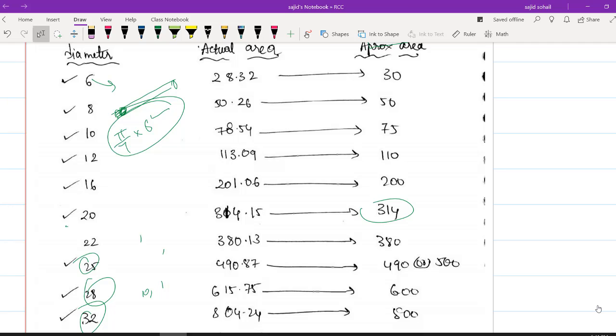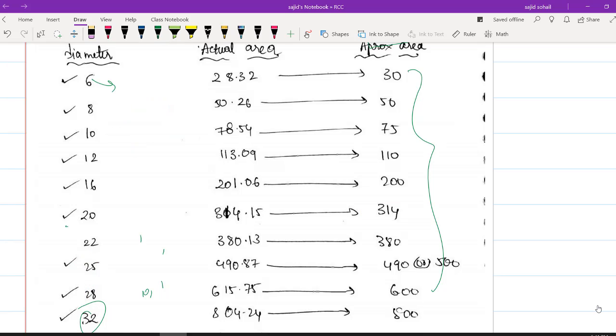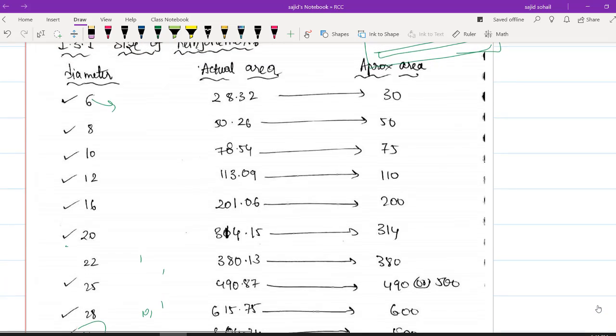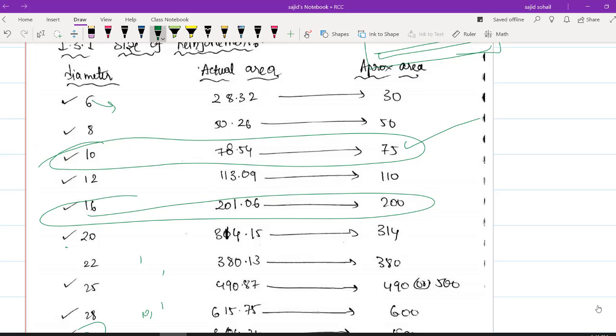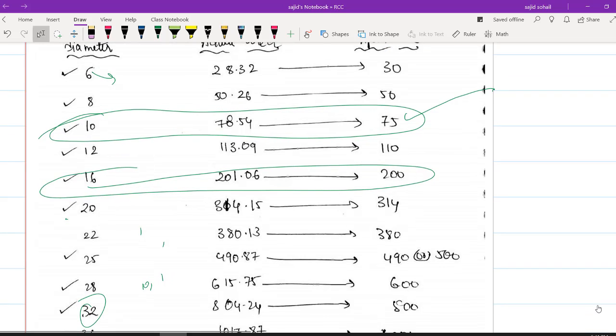For that purpose you can remember these approximate areas, but I don't suggest you to remember यार, इतना भी जरूरत नहीं है. What you can remember is for 10 mm and for 16 mm. 10 mm का कितना है? 75 approx आएगा area, pi by 4 d square कर लोगे, it is around 78.54. You can remember it as 75. And if you are doing pi by 4 into 16 square, you will be getting somewhere around 201.06. You can take it as 200. ये दो याद रख लेना बस है.